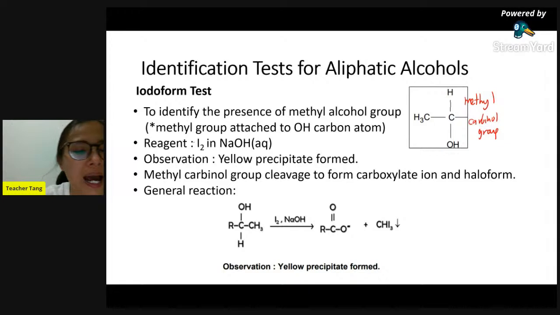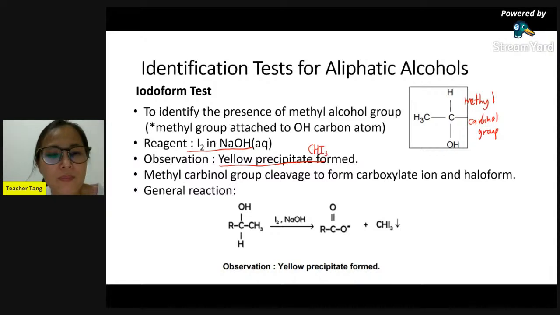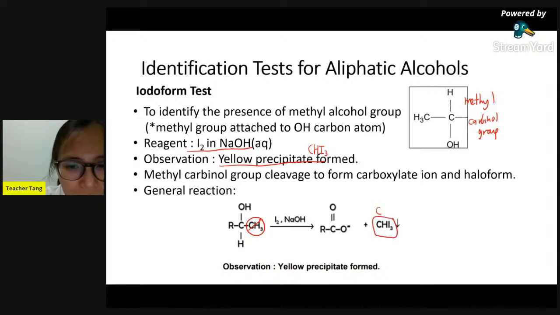So basically, for the iodoform test, the reagent is iodine in alkaline solution. And the observation, we see a yellow precipitate. So this yellow precipitate is iodoform or triiodomethane, CHI3. Basically, what is happening in the iodoform test is this methyl group will leave. And when it leaves, it will give you CHI3.